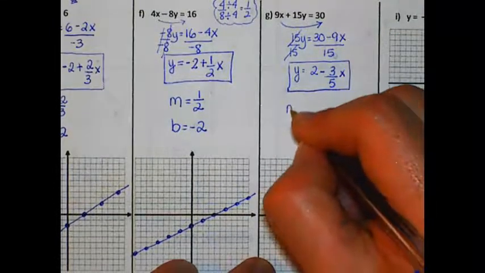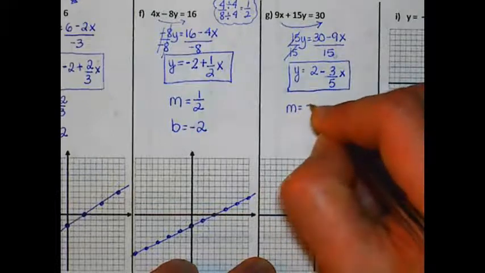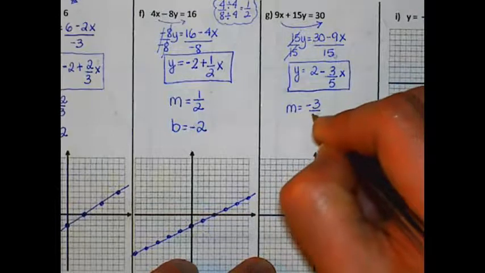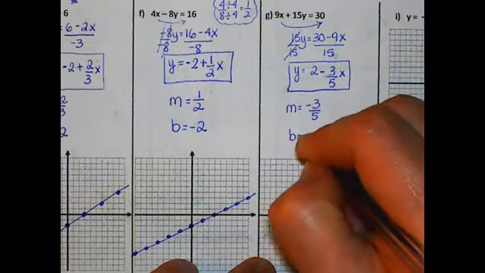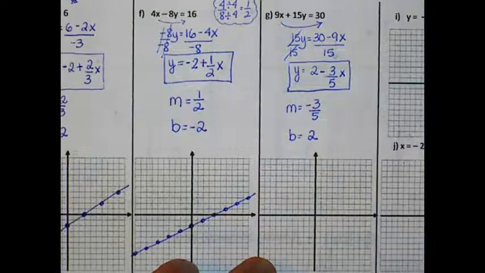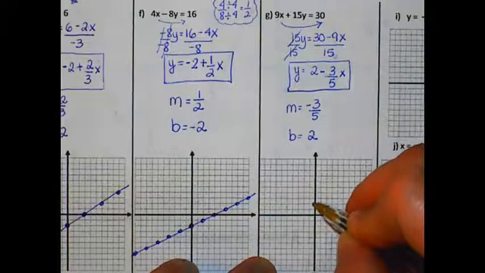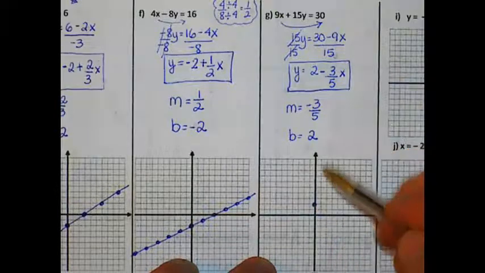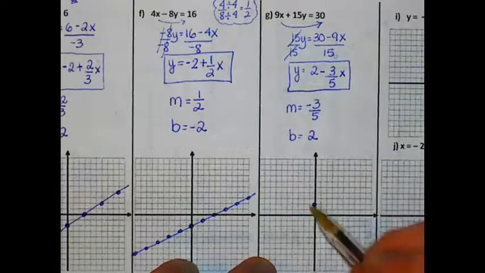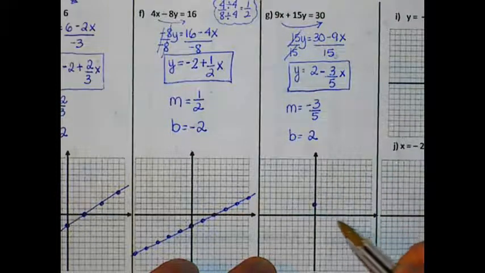So my slope is negative 3 over 5, and my b is positive 2. So I'll start with my b. And then with that, I'm going to use my slope, which is down 3 over 5.